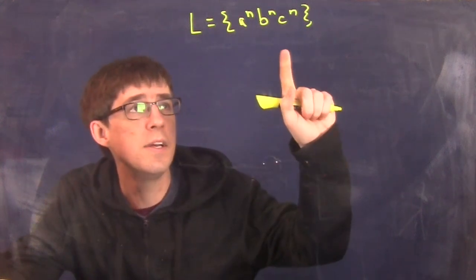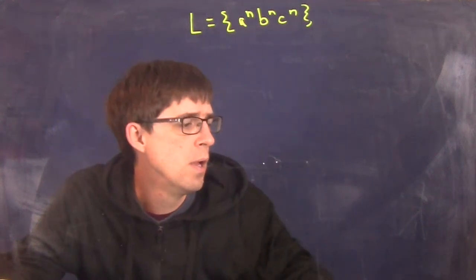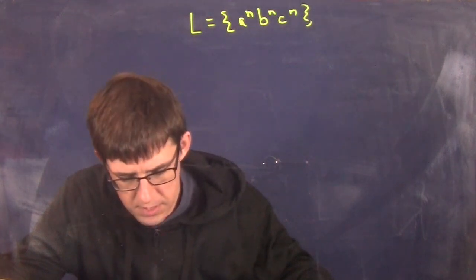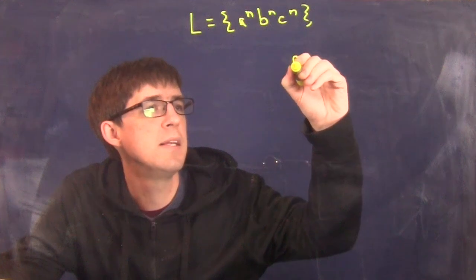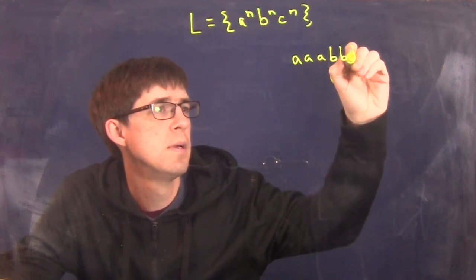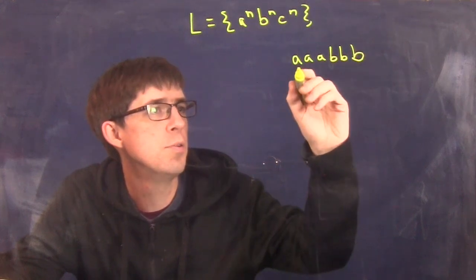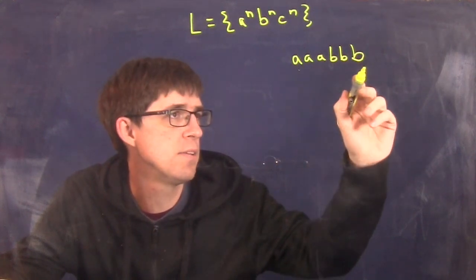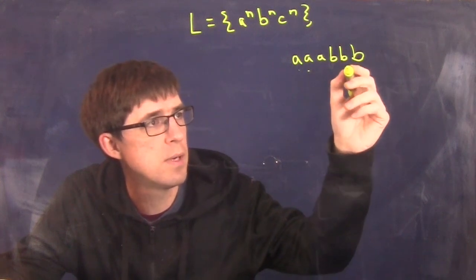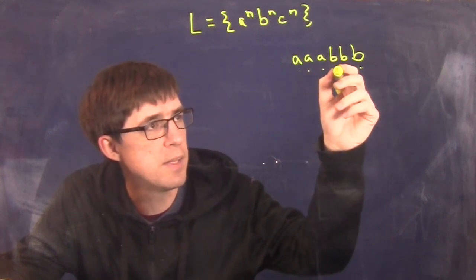And the idea here is maybe I'll refresh your memory about examples that we've just done more recently. Remember when we did A to the N, B to the N, if we had something like this, the idea was you blank this A out and then you run down to the end and then you blank this B out and then you run back to the beginning, blank this one out, blank this one out, go back, blank this one, blank this one.